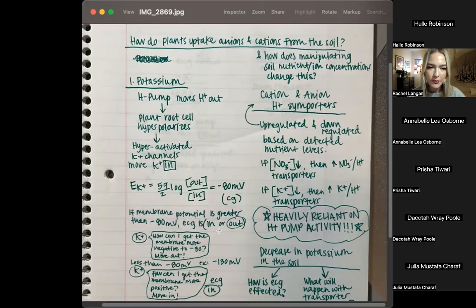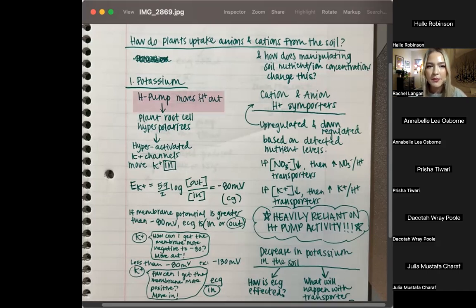That's going to be relevant for the test. If you calculate the Nernst equation, given wherever the membrane potential is, can you tell me which direction the ion is going to move? The opposite example would be if the membrane potential is less than -80, let's say it's -130, which is actually where the cell hangs out if the hydrogen pump is active.